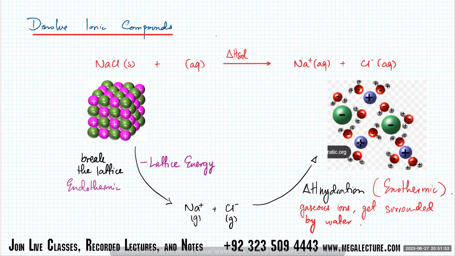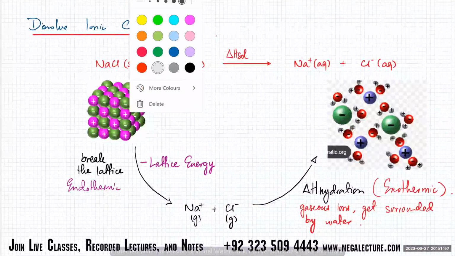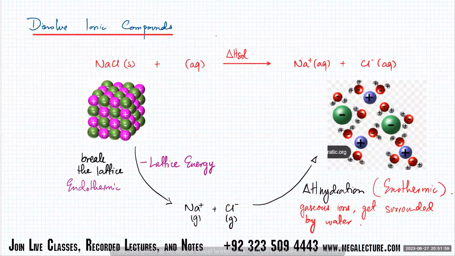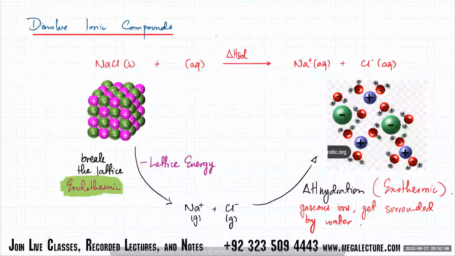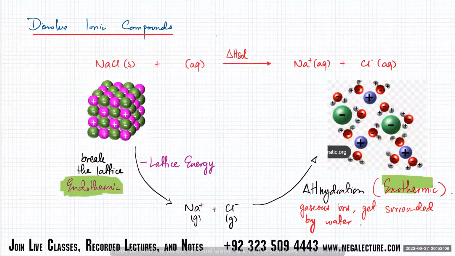Okay, now that's basically your Hess cycle. You've got an endothermic part, and then there's an exothermic part.